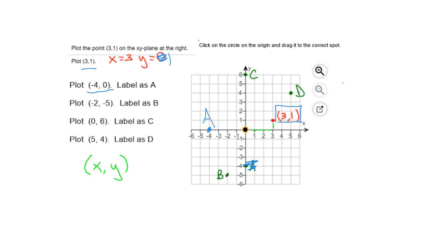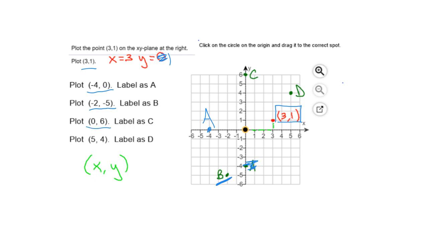So we're going to put an A there. Let's see if the rest of them are messed up. All right, so the next one is -2, -5. So I'm going to start in the origin in the middle. I come 2 tick marks to the left on the x-axis and down 5 tick marks to -5 and label that as B.